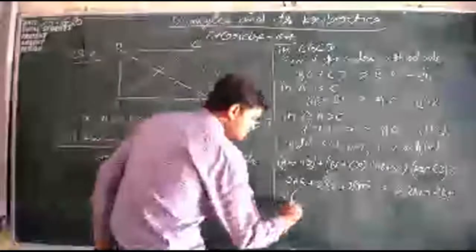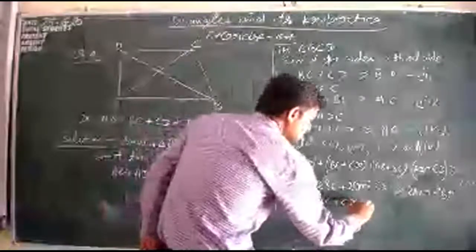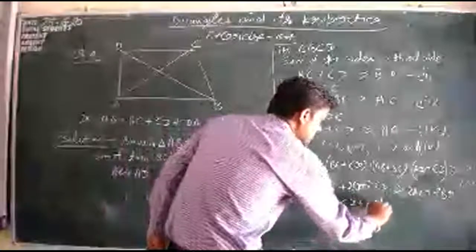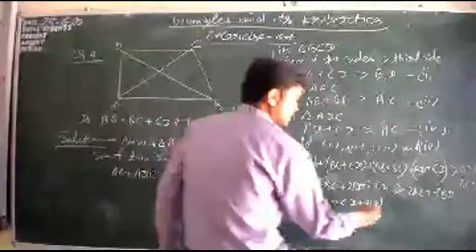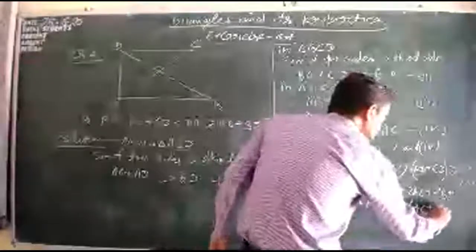It means 2AB plus BC plus CD plus AD. Next one is greater than 2 common AC plus BD.